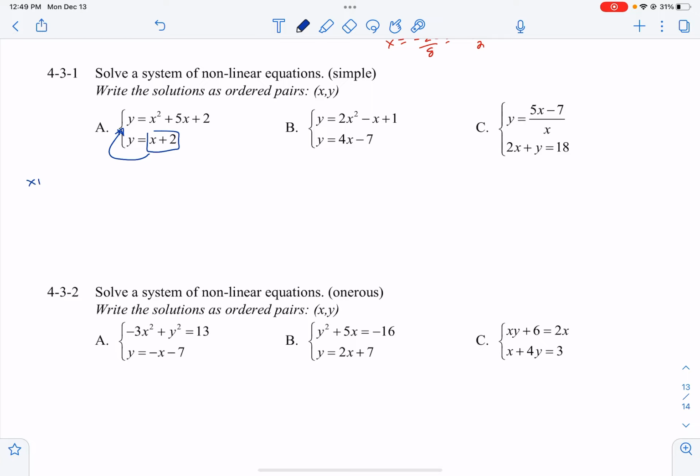So I get x plus 2 equals x squared plus 5x plus 2. And then I'm going to move everything to the same side. I'm going to minus x, and I'm going to minus 2. So I end up with 0 equals x squared plus 4x plus 0.